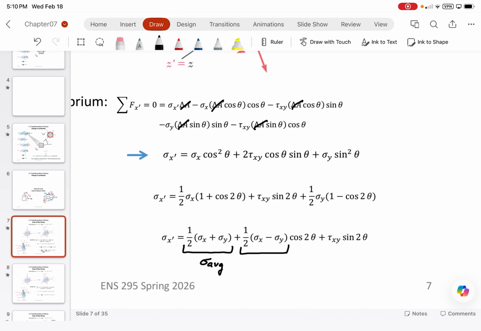And then this here, sigma x minus sigma y divided by 2, I call that a deviatoric stress, which you could denote using, I like to use, what do I want to use? We could call this term C. I think that's what it denotes it as.